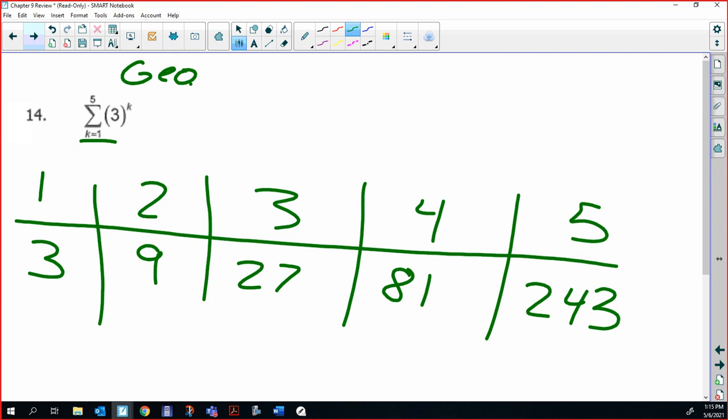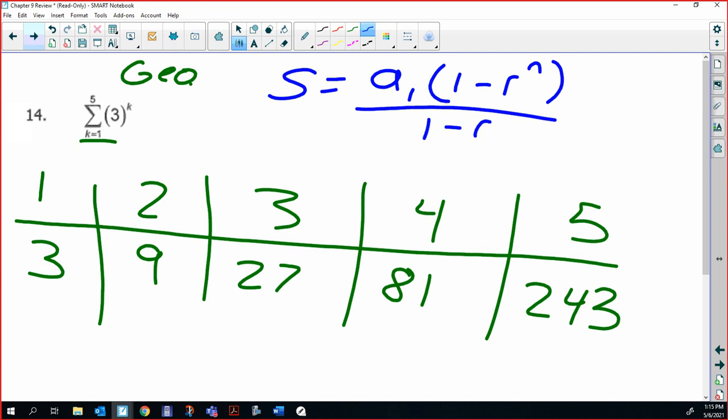Alternatively, you can use the formula. The formula for a geometric sum is A1 times 1 minus r to the n, over 1 minus r. We know A1 is 3. We also know that r is 3, because you get multiplied by 3 each time. A1 is 3, r is 3, and n is 5. 1, 2, 3, 4, 5.